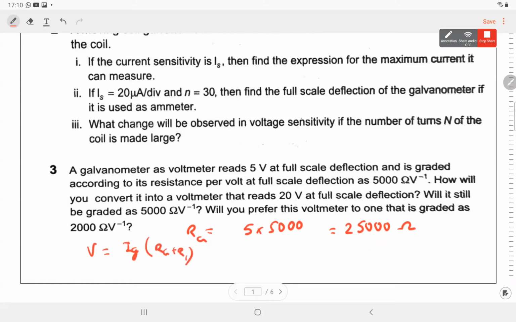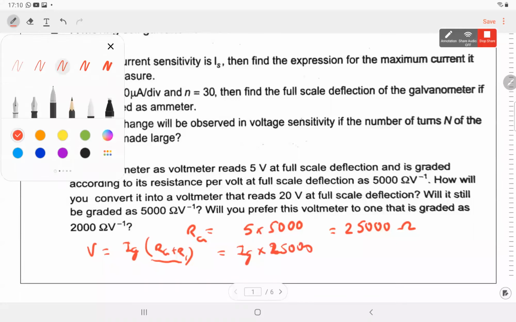The total value is given as 25,000, and this is the maximum range it can have.